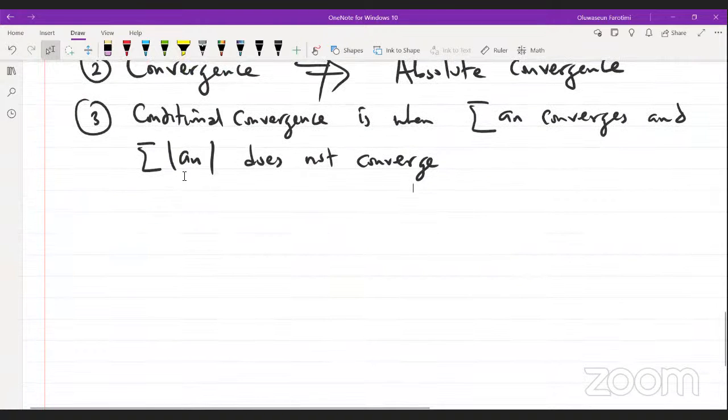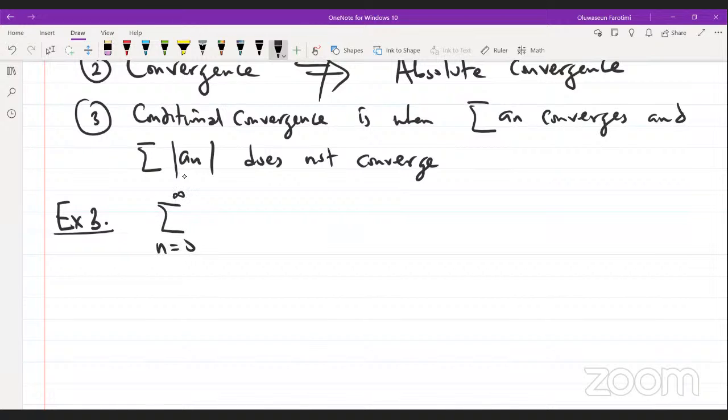Okay, so this example is going to cover up for whatever I was trying to prove the other time. So example 3, I guess. So we want to investigate the convergence or divergence of this guy: the sum to infinity of (-1) to the power of n over 5n plus 1.